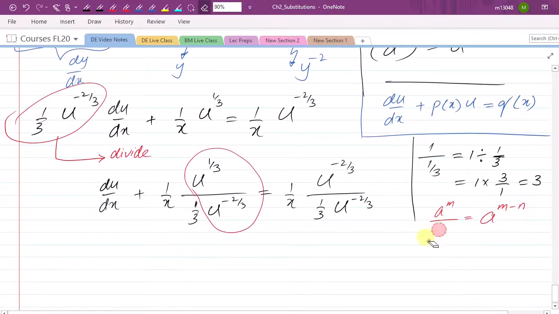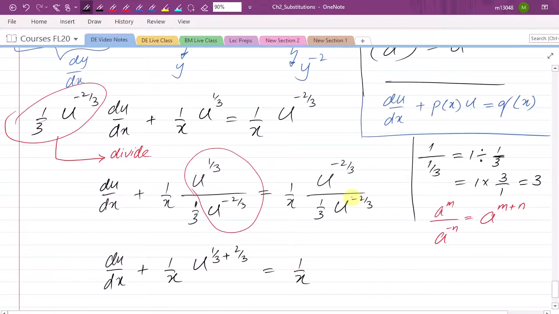Or if it is already negative, then it will become plus when it comes up. So this is equal to du by dx plus 1 over x u power 1 by 3 plus 2 by 3, 1 over x.